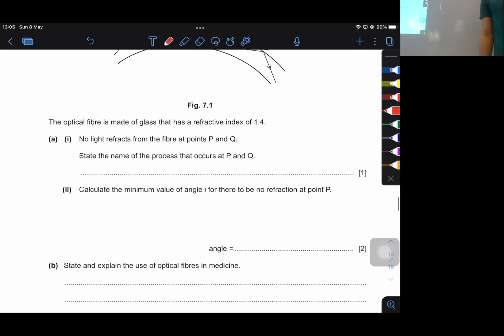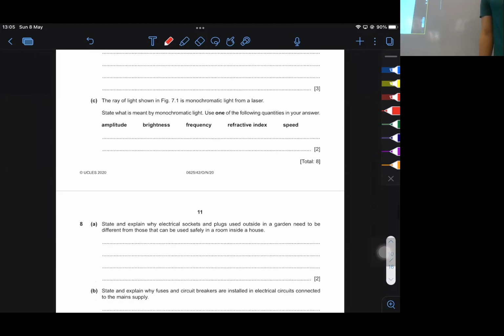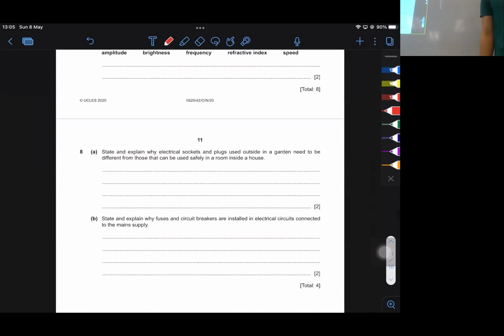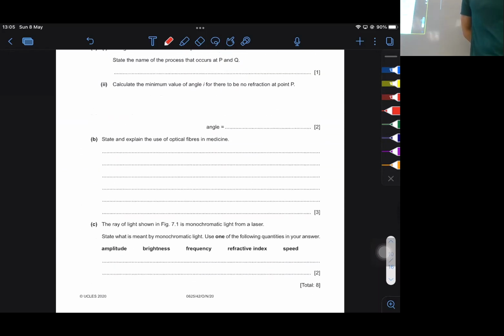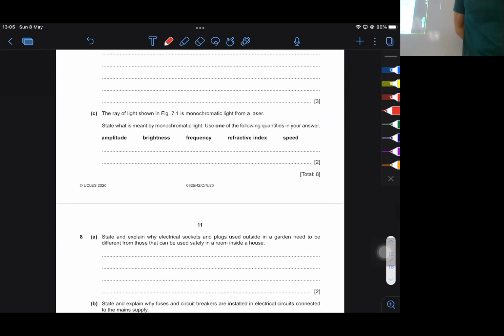Garden. Garden and indoor. What's your question? State and explain why electric sockets and plugs used outside in the garden need to be different from those that can be used safely indoors.